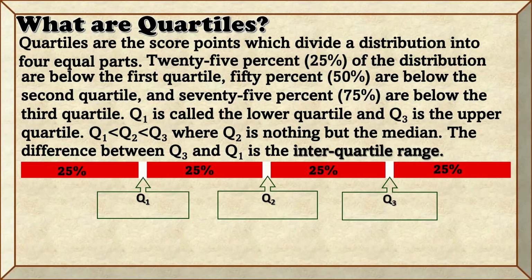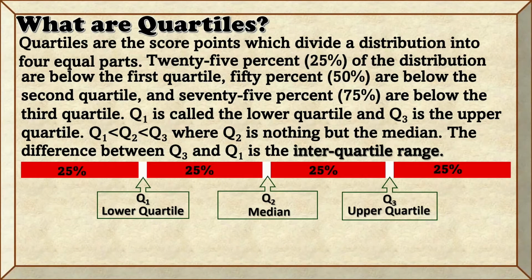The first quartile is called the lower quartile, and the third quartile is the upper quartile. The second quartile is greater than the first quartile but less than the third quartile, where the second quartile is nothing but the median.